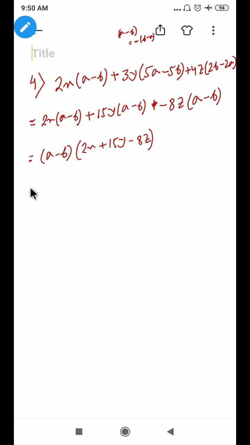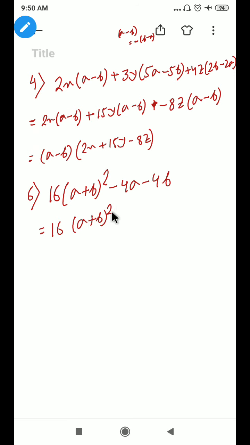Question number 6 is given here: 16 into a plus b whole square minus 4a minus 4b. Now this 16 into a plus b whole square, keep it as it is, and from these two you can take common minus 4, then this will convert to a plus b, because I am taking common minus here, that's why this will be minus minus plus a b.